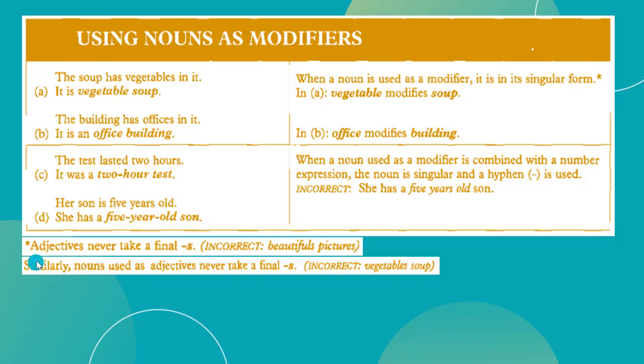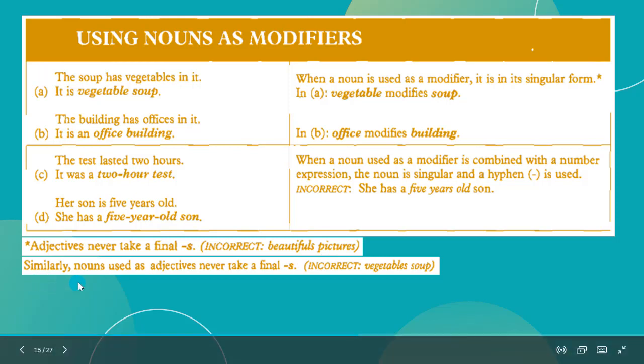So there's another case. Adjectives never take a final S. Incorrect: beautiful pictures. Okay. Similarly, nouns used as adjectives never take a final S. Incorrect: vegetables soup. Jadi kalau di sini nounnya sebagai modifiers ya.